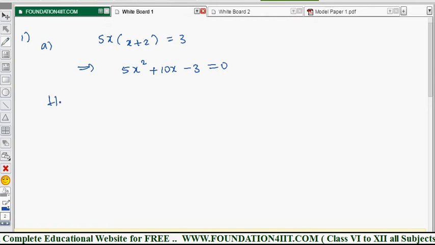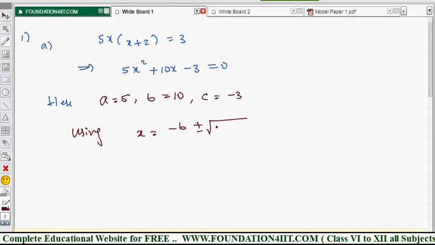So here x square coefficient is a, that is a is equal to 5 and b is equal to 10. c is equal to the constant, that is minus 3. Now using the formula of the quadratic equation, x is equal to minus b plus or minus square root of b square minus 4ac whole divided by 2a. So this is the formula you will apply.